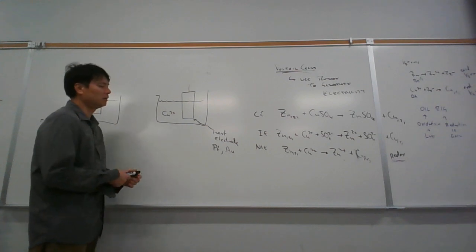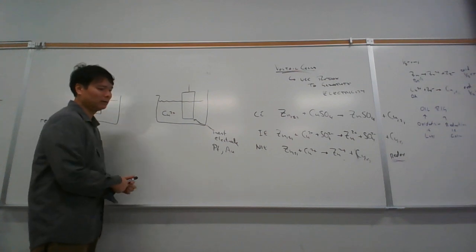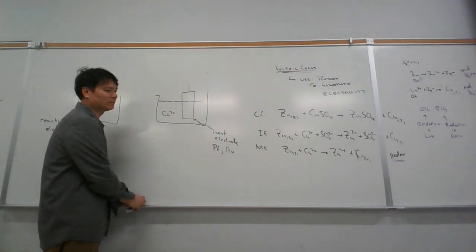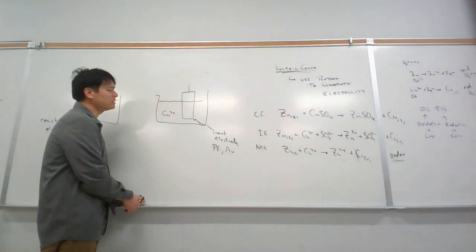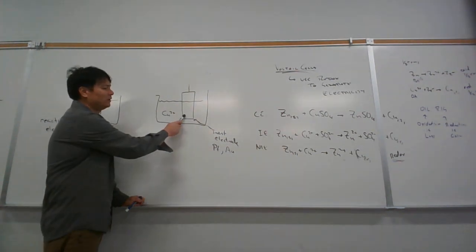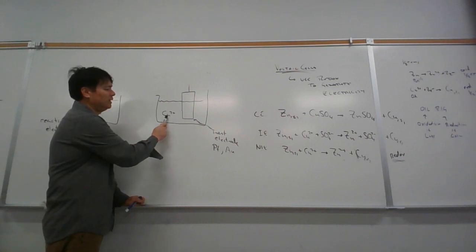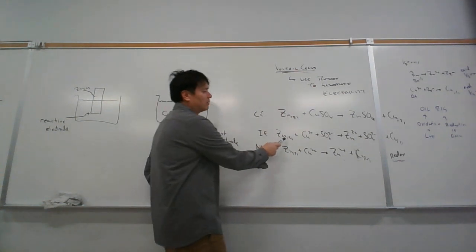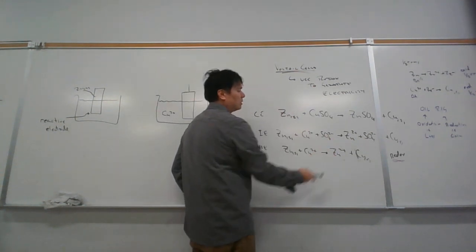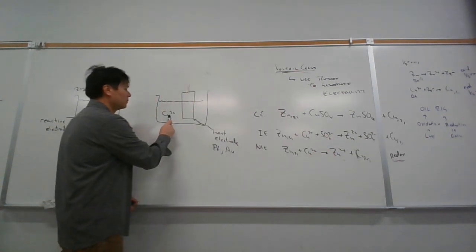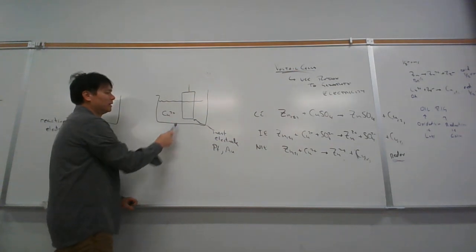They conduct electricity, but for example, if I put zinc in here, the zinc will be eaten away. I might start off with zinc, but I end up with zinc in solution. So if I put zinc in here, it will be permanently eaten away.